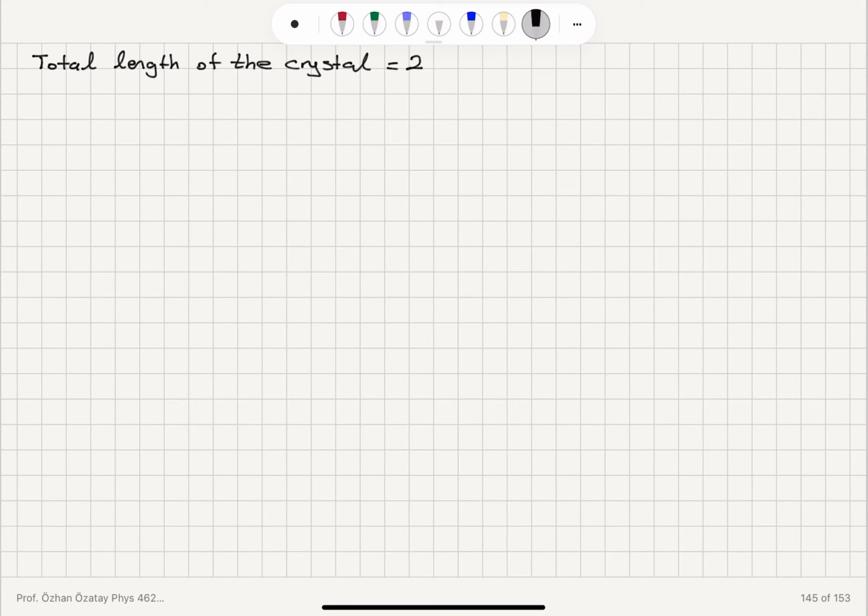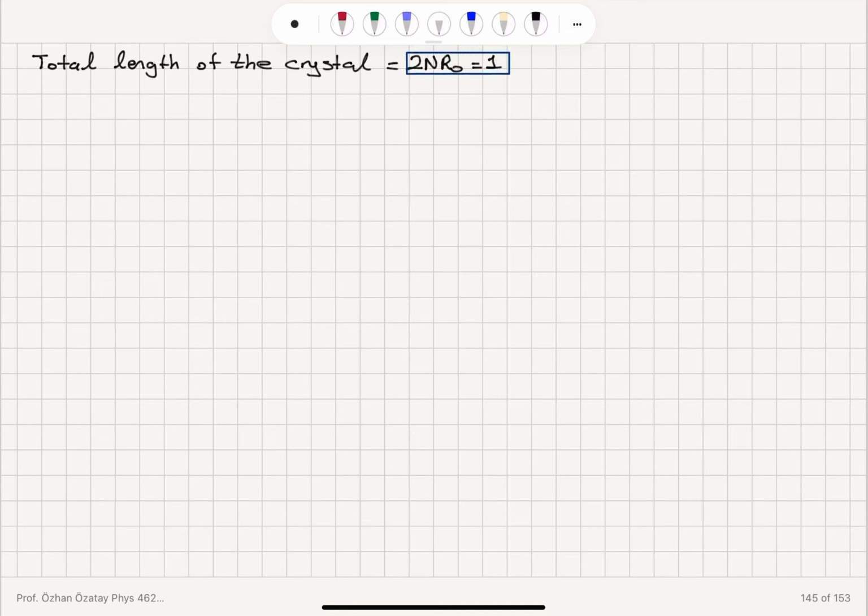So 2 capital N r0, it's actually for 2 ions, for example, the crystal length is 1 r0. It's 2 capital N minus 1 times r0. But for a large number of ions, this is going to be approximately equal to 2 capital N r0. So that 1 is not important. So this is equal to 1.